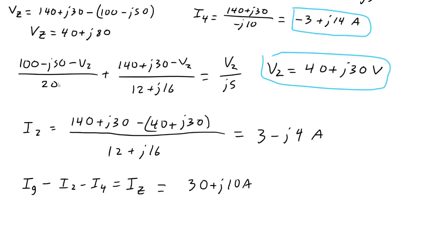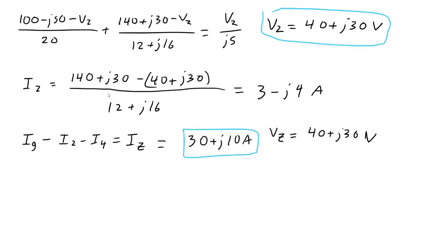So now we know the current flowing through the impedance. We also know the voltage drop across it. VZ was 40 plus J30 volts. So we can find the impedance by taking VZ divided by IZ, which is going to equal RZ.